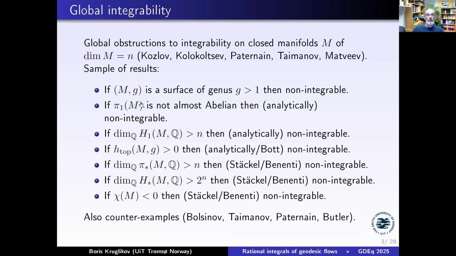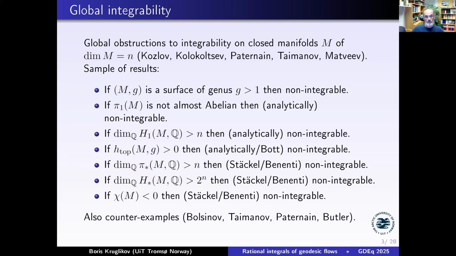Then there were results of Taimanov that generalize this. If pi_1 is not almost abelian, which means it doesn't contain an abelian subgroup of finite index, then the flow is not analytically integrable. Or, as Taimanov also formulated, there don't exist geometrically simple integrals. Or another criterion: if the first rational homology group has dimension bigger than the dimension of the manifold, the conclusion is the same.